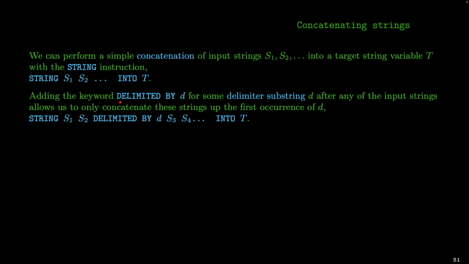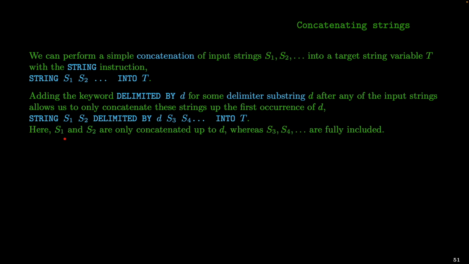We can use the keyword delimited by D, where D is some delimiter substring, after any of those input strings, and that allows us to only concatenate these strings up to the first occurrence of the delimiter D. So this would look like: string S1, S2 delimited by D, S3, S4, and so on, into T. What this does is that S1 and S2 are delimited by D, so only up to substring D we take those and concatenate them.